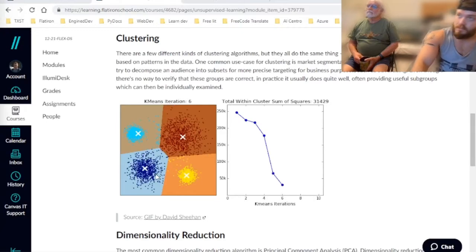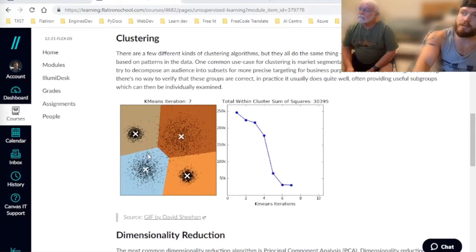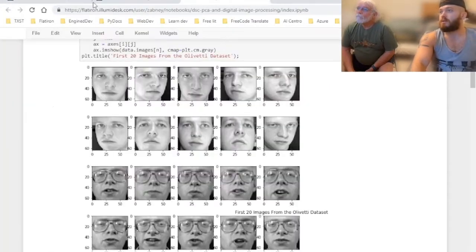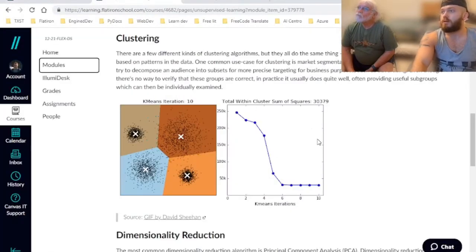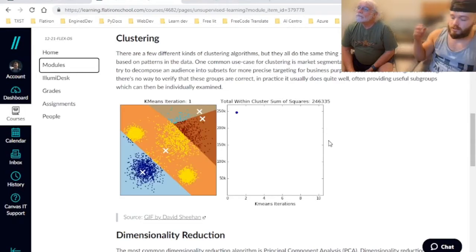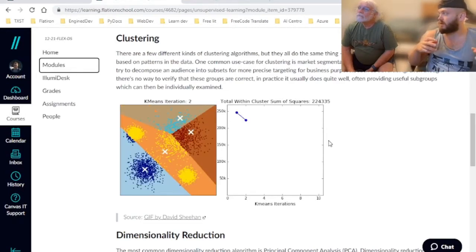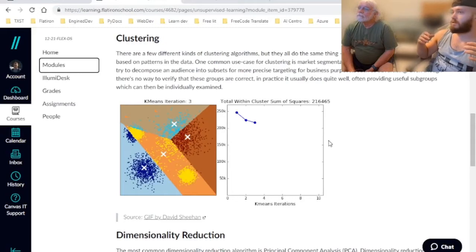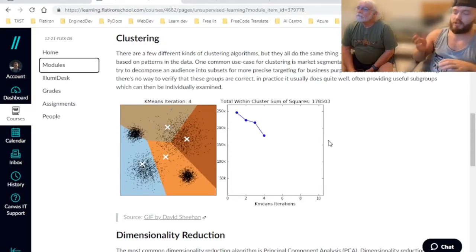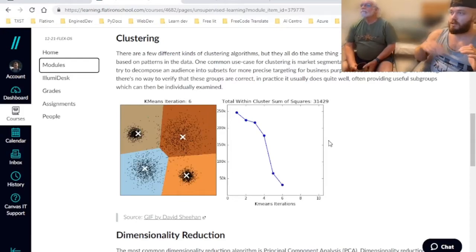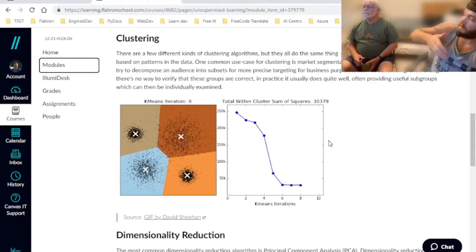So that gives you some idea of mathematically what's going on with principal component analysis. The whole goal of it, I don't want to go there yet, is to reduce the dimensionality of a data set. The same way it's computationally expensive to produce graphs like that, it becomes exponentially more computationally expensive the more features you have in a data set.